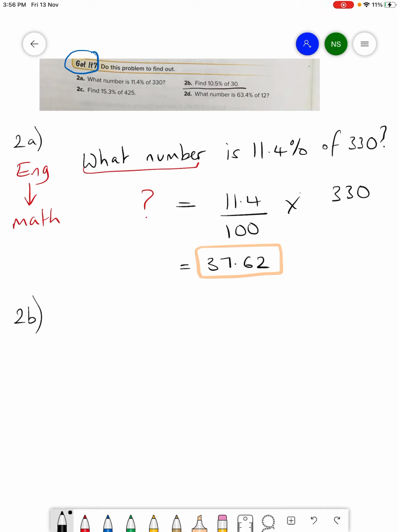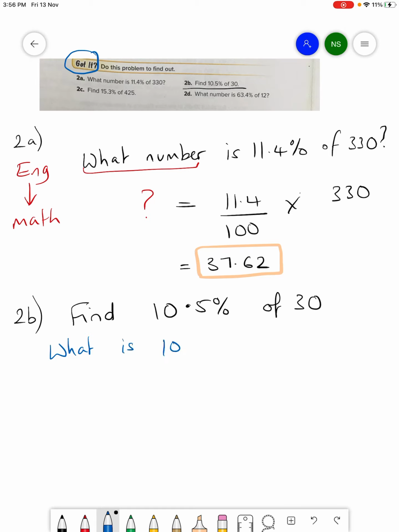So find 10%, sorry, 10.5% of 30. This is the same as saying what is 10.5% of 30. Same thing, okay, question mark.